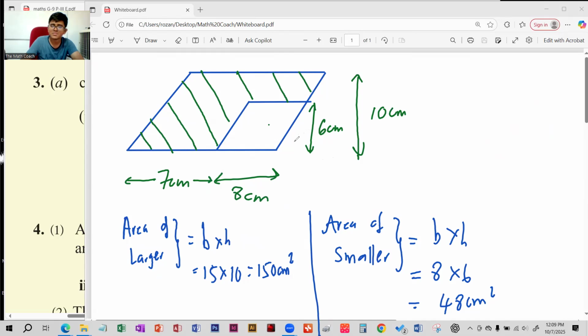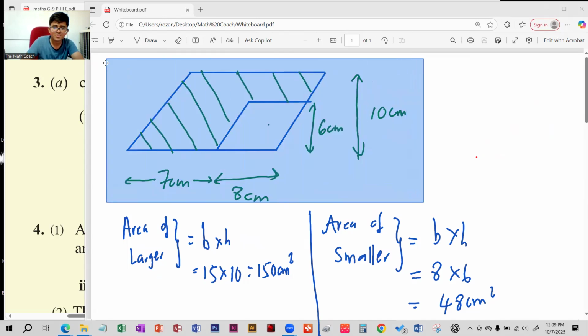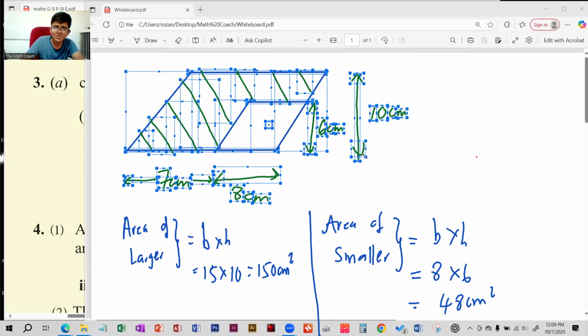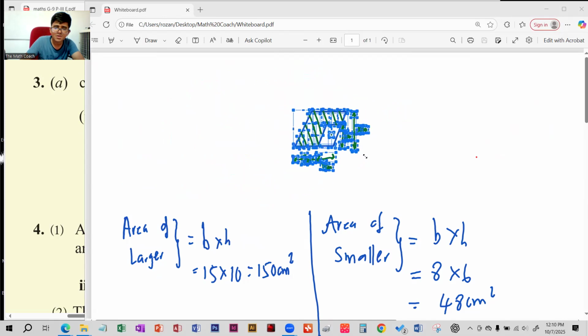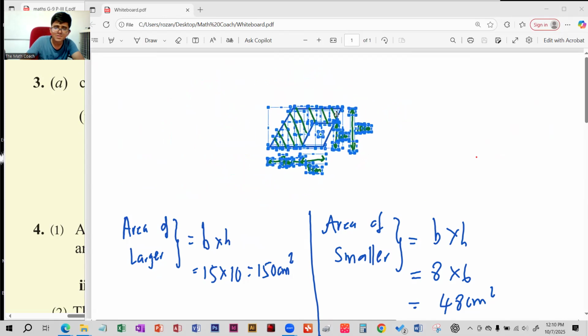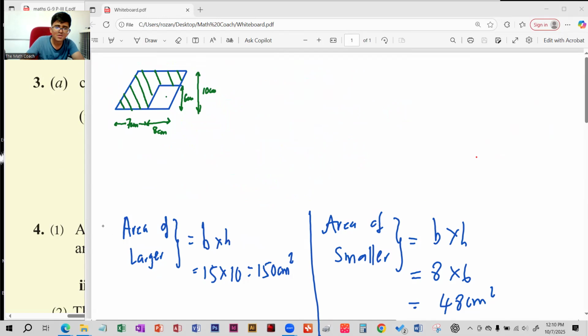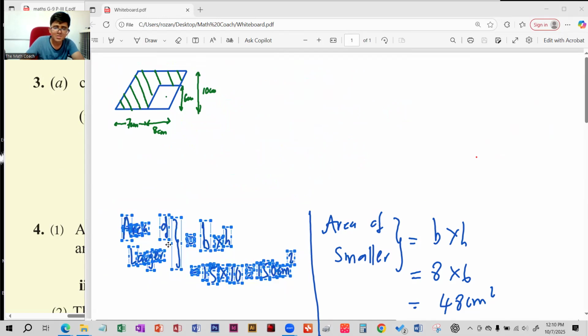So now what? Now we can do the final finale, the grand finale. So I'll move this figure and make it smaller. Like this. Keep it here.